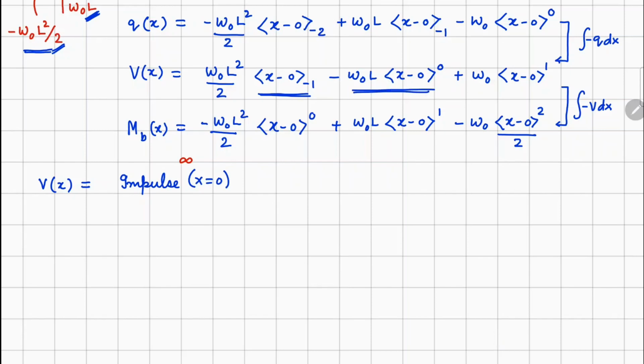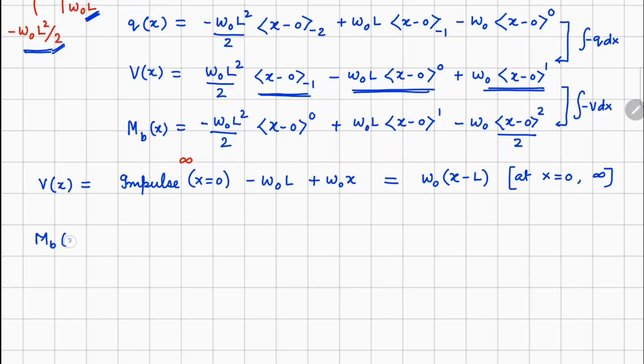This function right here, if you evaluate, this becomes minus W naught L, x minus 0 to the power 0 is 1, plus W naught x minus 0 to the power 1 is going to be x. So I can simplify this to write W naught (x minus L) as a function, except for x equals 0, and at x equals 0 this value is infinity. Just keep that in mind.